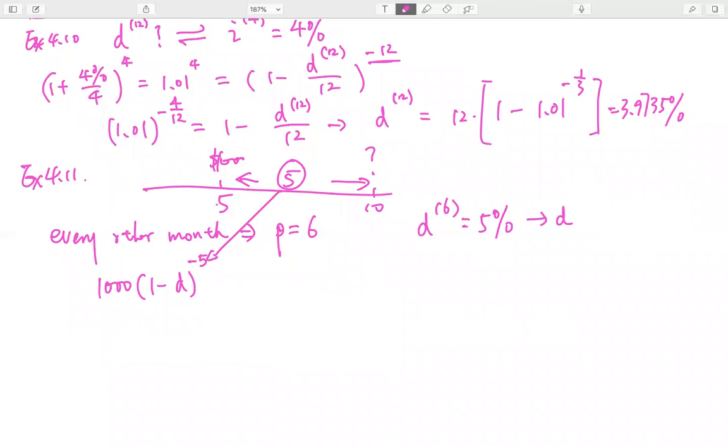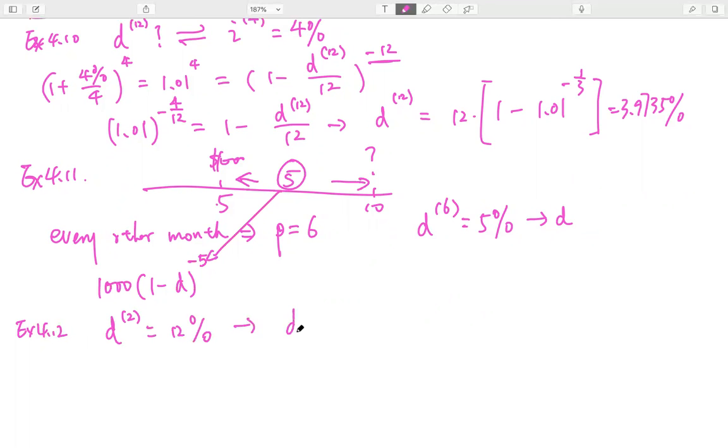The last one: we want to calculate the present value at time 0 of a payment of $250 at time 10 years. So we want to discount back by 10 years. The nominal rate of discount is 12% a year, convertible biannually. Again, those are rather straightforward as long as you get the notation correct.